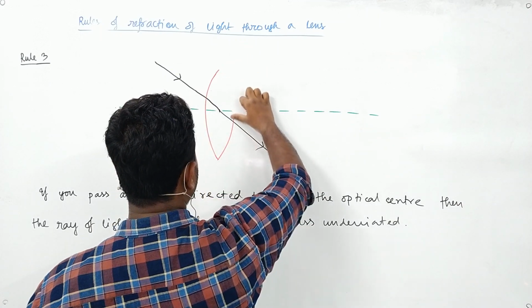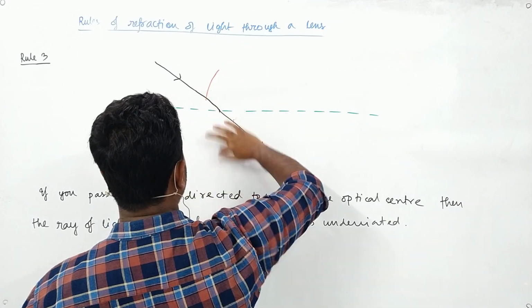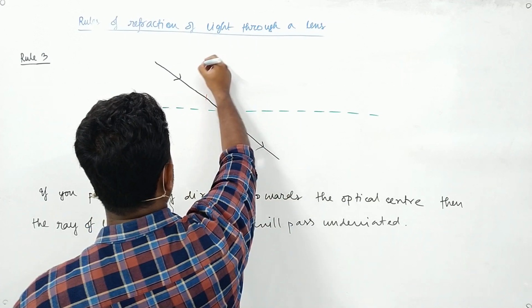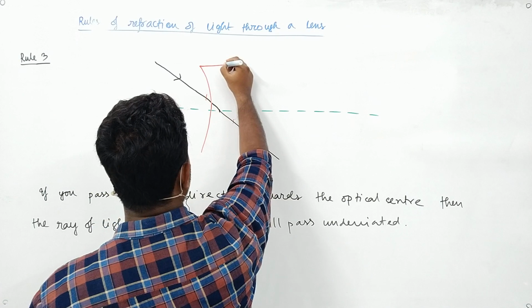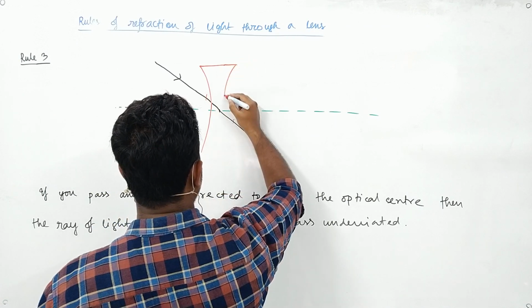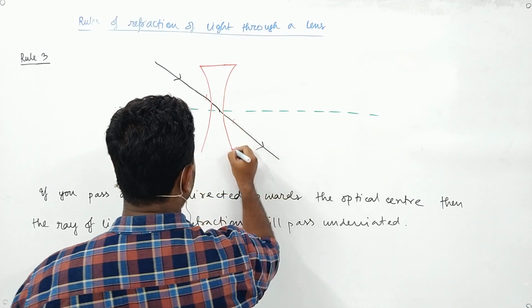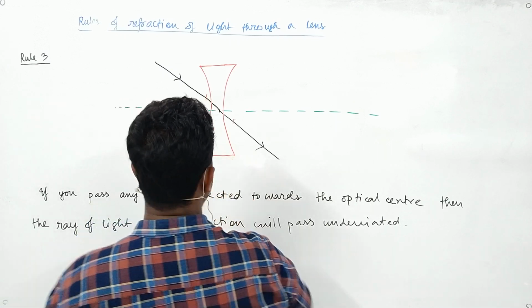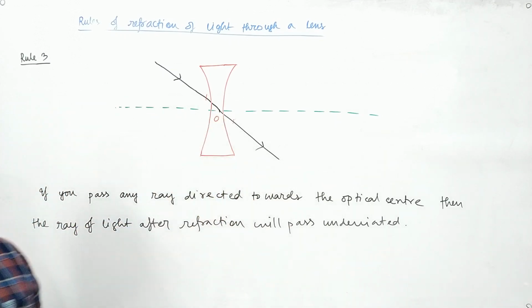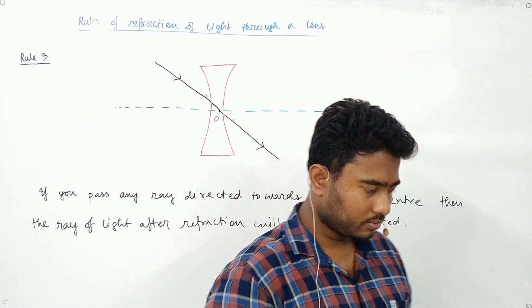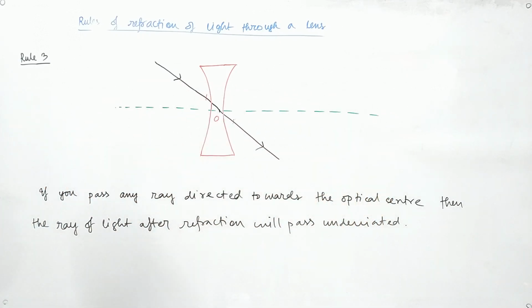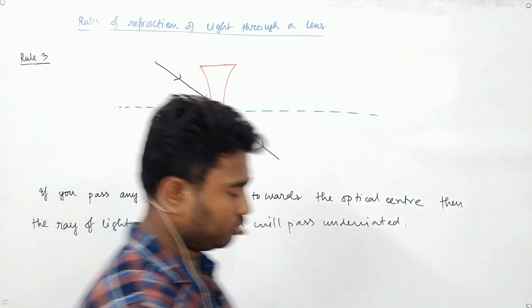If I just change this lens and make it look like this, then also the whole scenario will remain the same. Okay, this is the optical center. I am asking all of you, is the concept clear to all of you? Yes, sir. Okay, so we have got this idea clearly about the 3 rules.